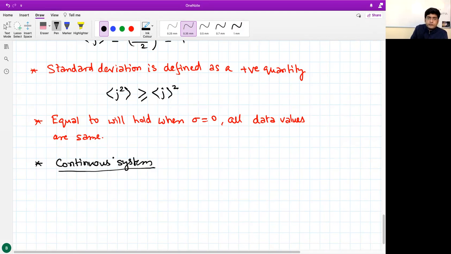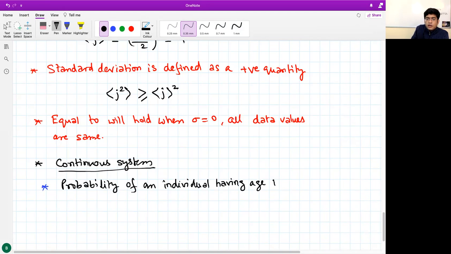So in this case, we'll define something which is the probability of an individual having age in range x and x plus dx.